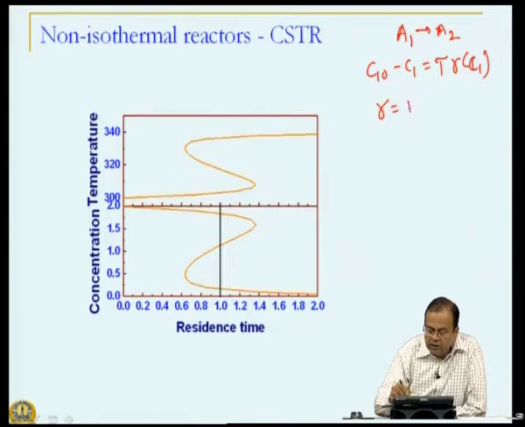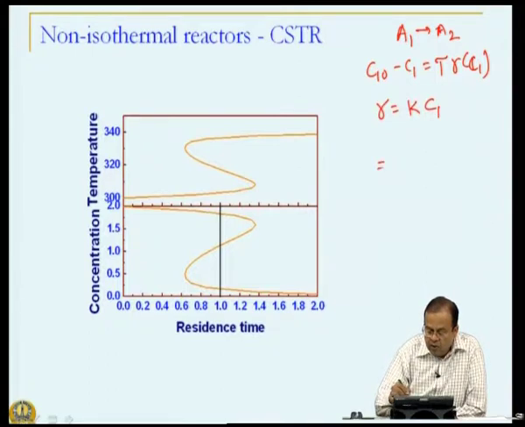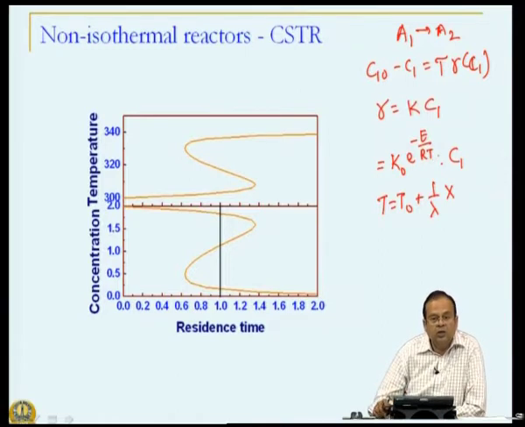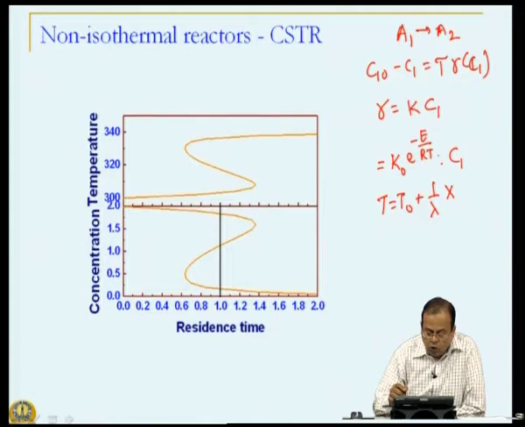Let us assume that the reaction is simply first order reaction, but remember our K is dependent on temperature and temperature is dependent on conversion or concentration, and therefore this relationship is not a linear relationship anymore, and we have a non-linear relationship. So, let us look at what happens when we try to change the residence time tau.